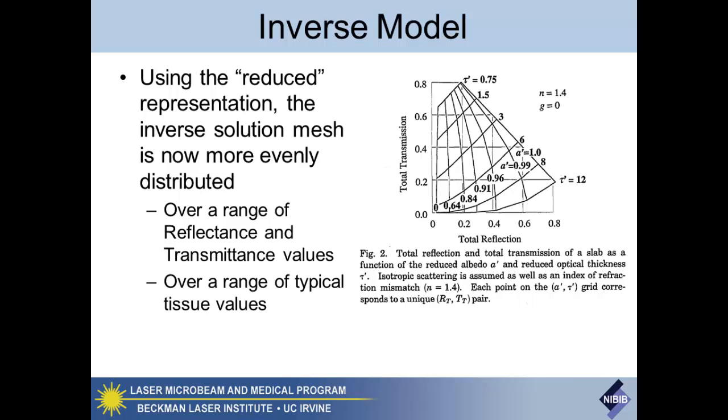Also, when you consider the typical range of tissue values, with the absorption and scattering typical for tissues and the thicknesses you would measure, you can see it's going to have a pretty forgiving range of reflectance and transmittance values to get accurate optical properties.